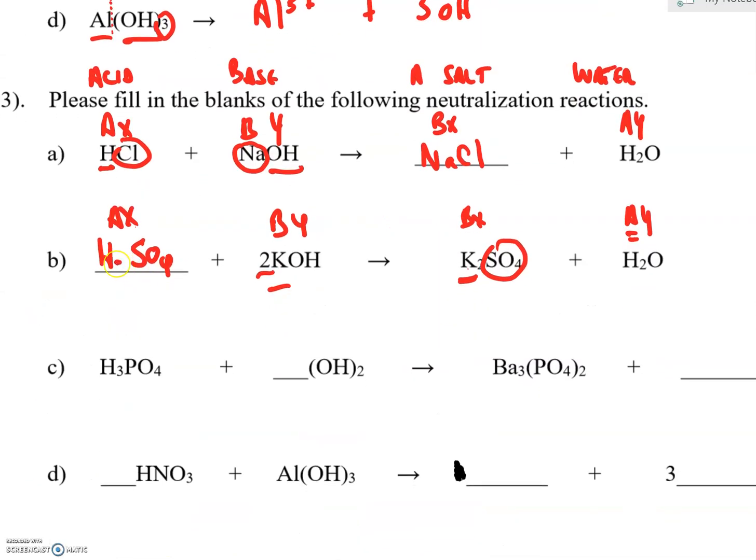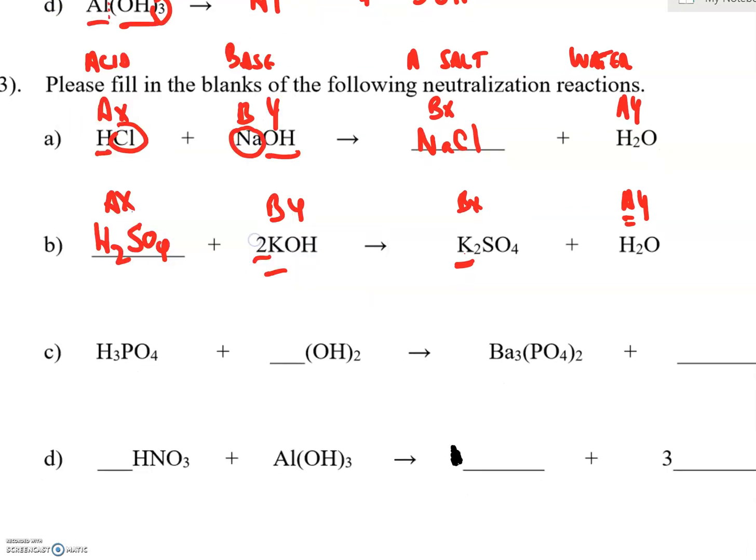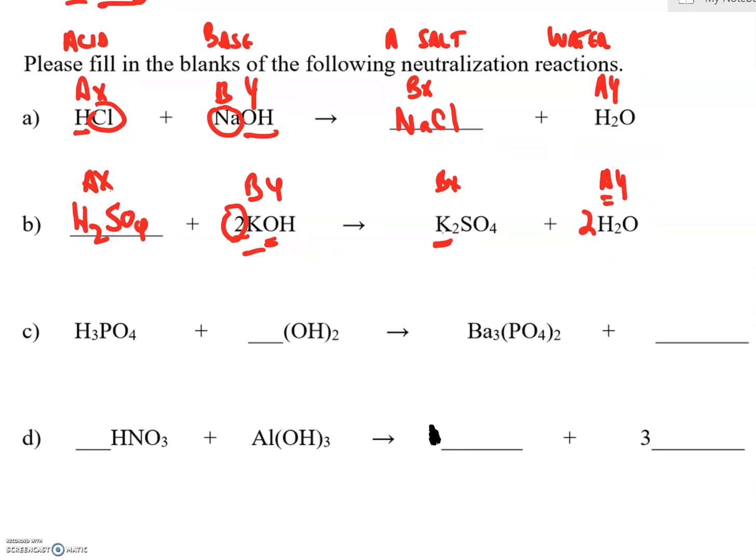If you don't get it, I understand. All right? We should balance this just because, but I think we're already in good shape. Except for the fact that there are 2 oxygens. So let's put a 2 here. Okay? That's all we do.